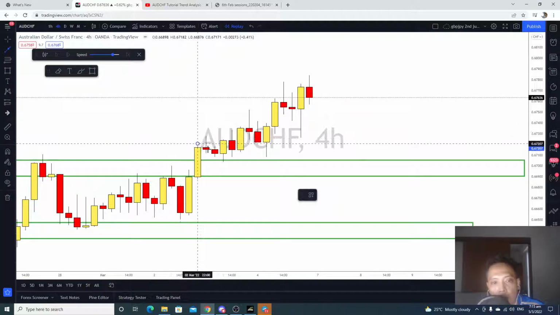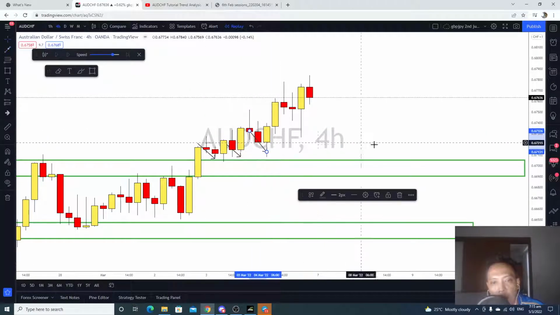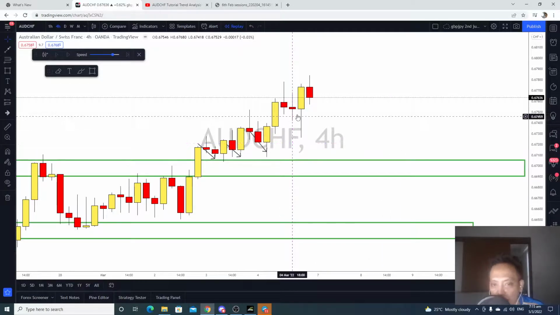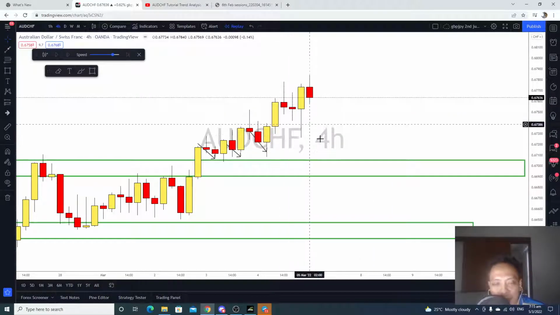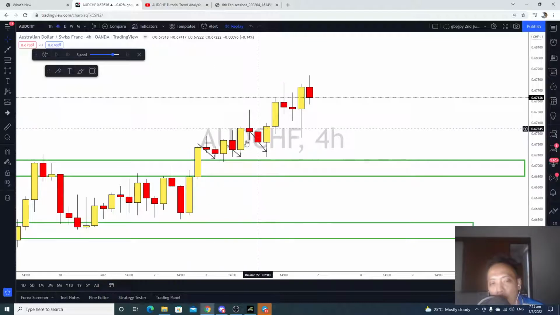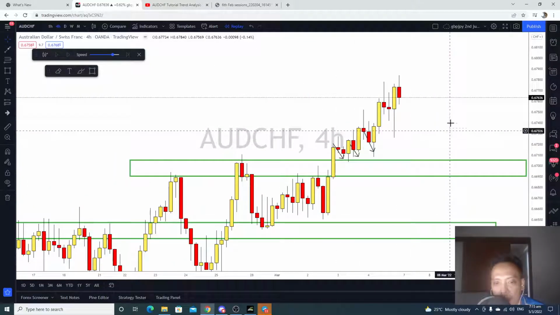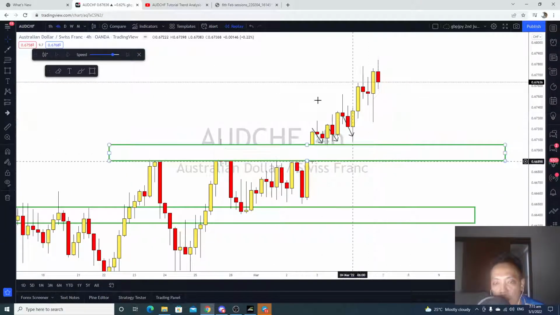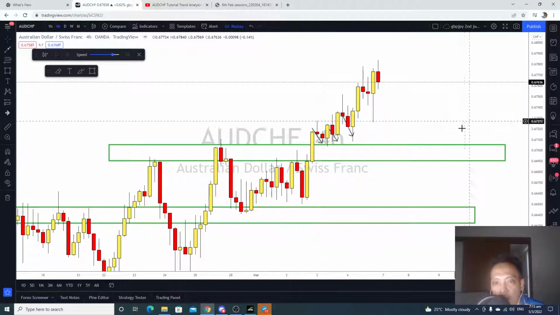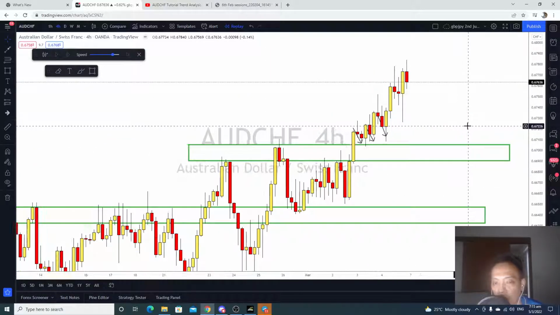This is the weak down move, go for a buy. This is a weak down move, go for a buy. But by the time you go for a buy on this weak down move, it's a bit too risky. Price goes higher and higher and higher. Because right now, technically the buyers are still in control of the market.